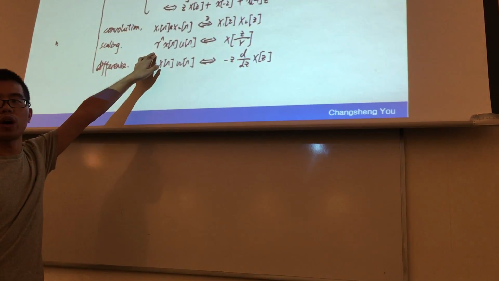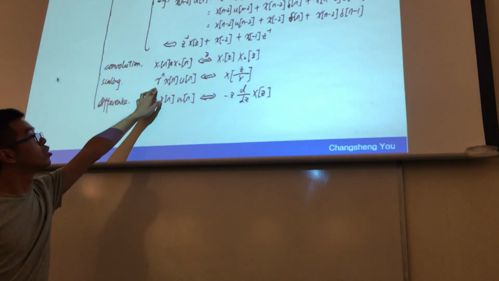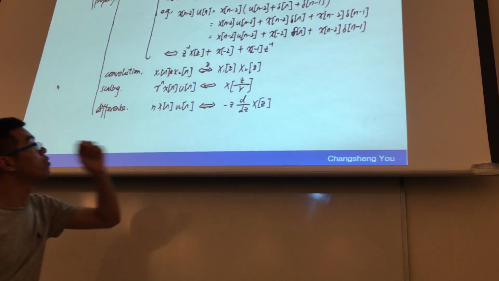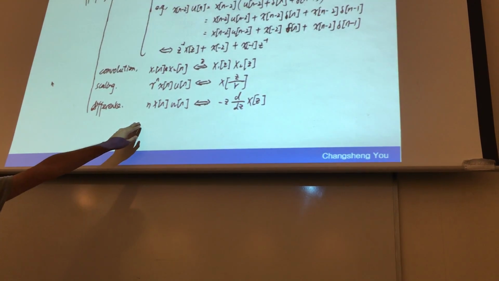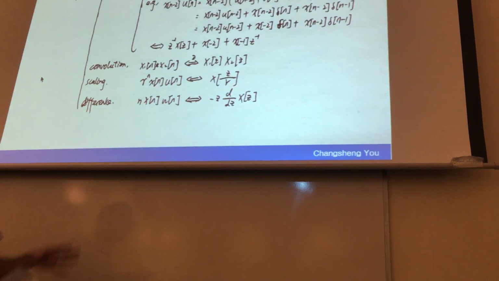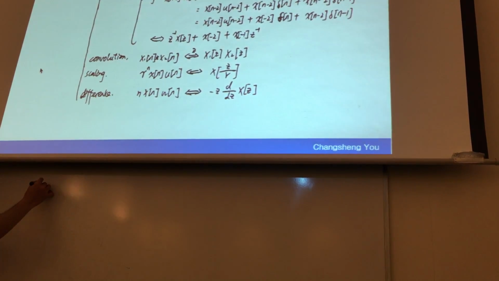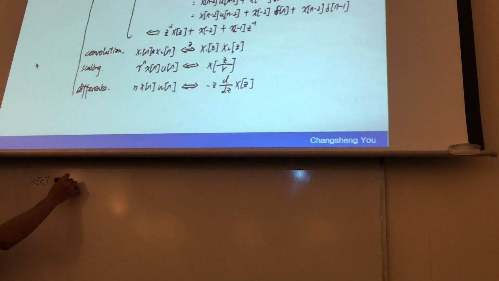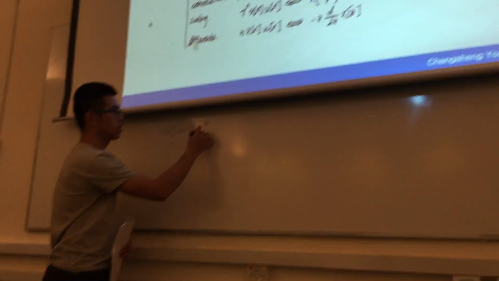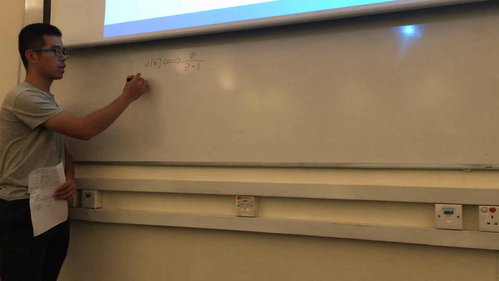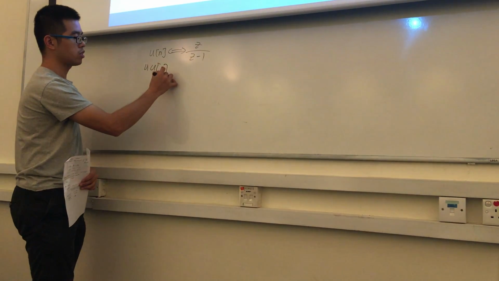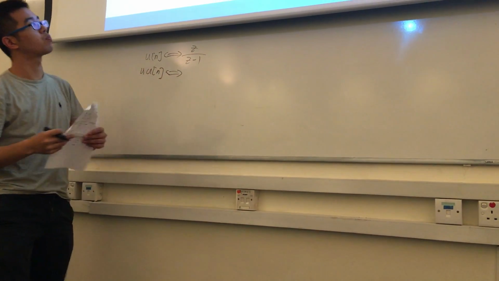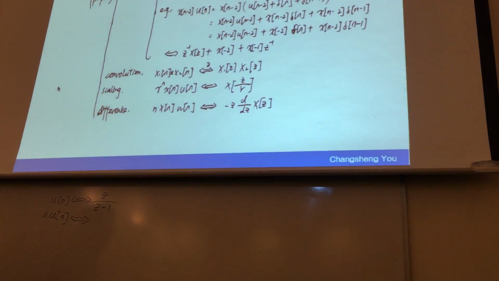This one is for exponential signals, so it corresponds to this form. And this is also something we can see very often. For example, now you have the u[n] signal corresponding to z over z minus 1. Sometimes you will see this kind of signal, so you can use this property. It's very frequent to see.